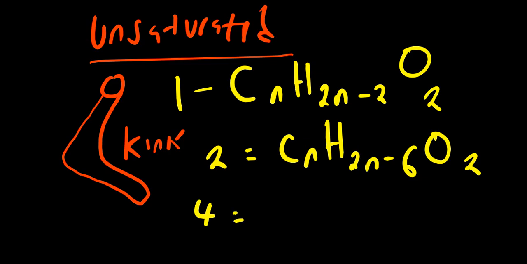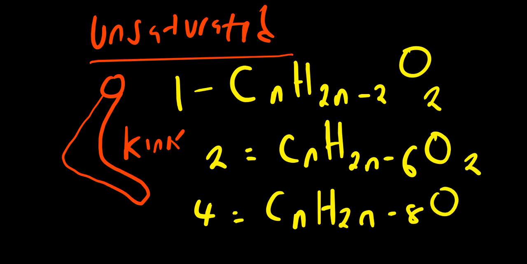What about the one that has 4 double bonds? It will be CnH2n minus 8, and O2. So that's what you are supposed to know about some of these fatty acids.